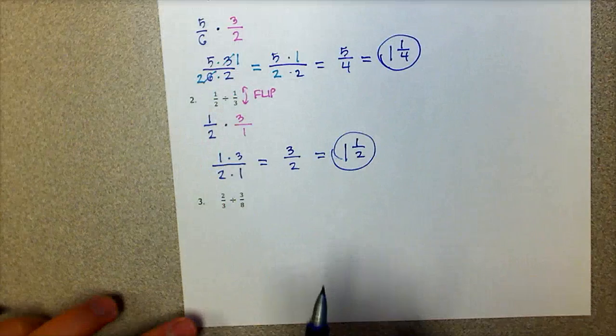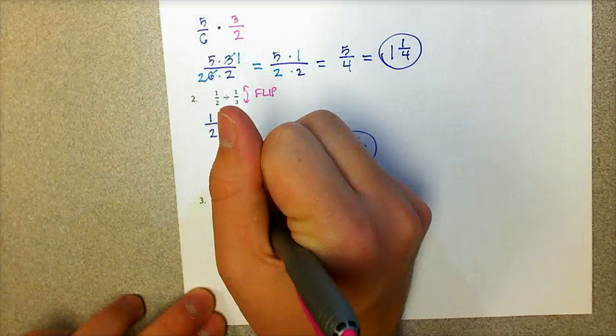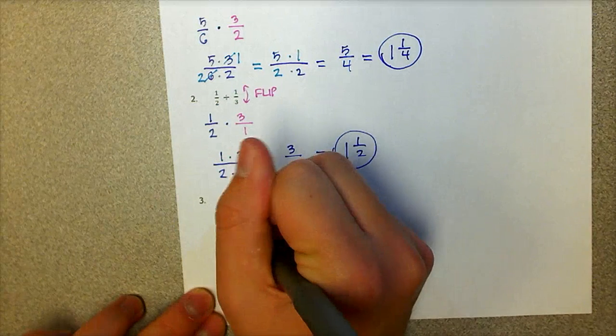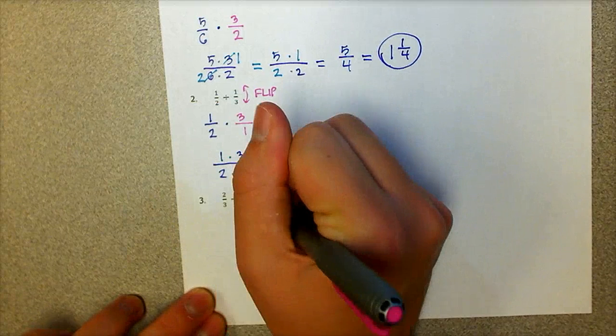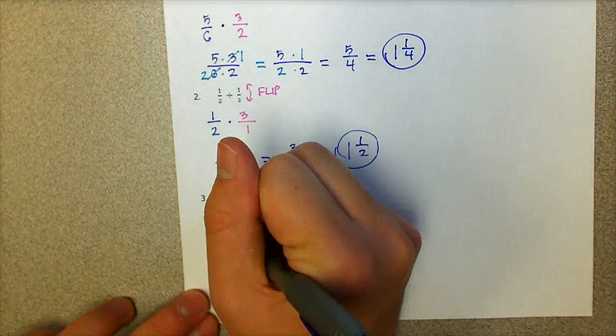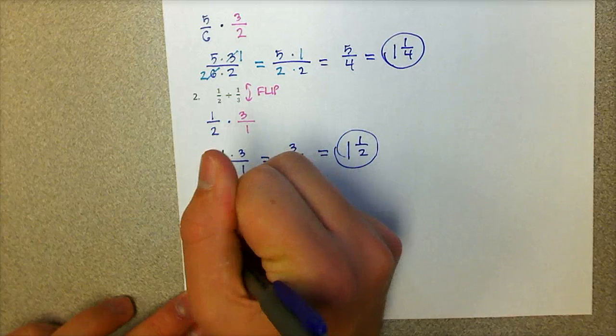For number 3, we have 2/3 divided by 3/8. Again, the second fraction flip, so this becomes 8/3. Division sign, we change that to multiplication, and our first fraction stays as it is, 2/3.